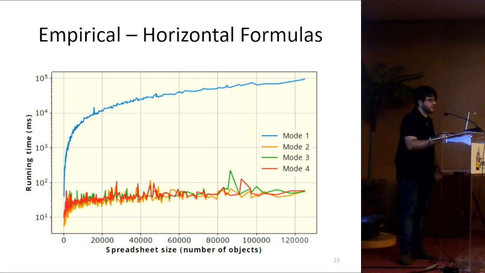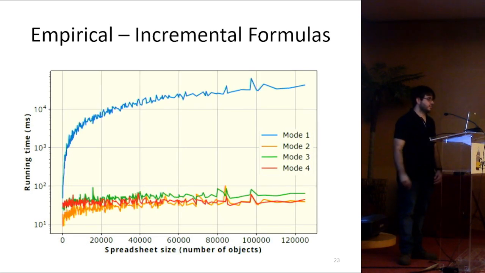We can also see that modes 3 and 4 are about the same, because the difference between them is the delta computation, but it doesn't affect here, because here we have only horizontal formulas, and the delta matters when we have incremental computations, sums.